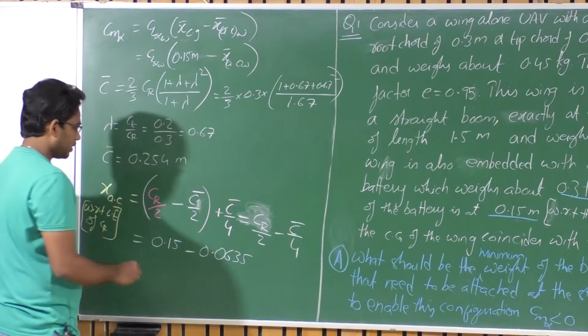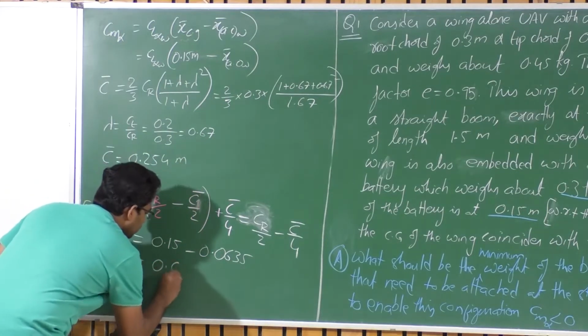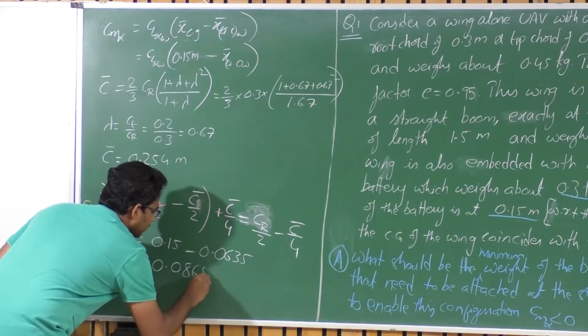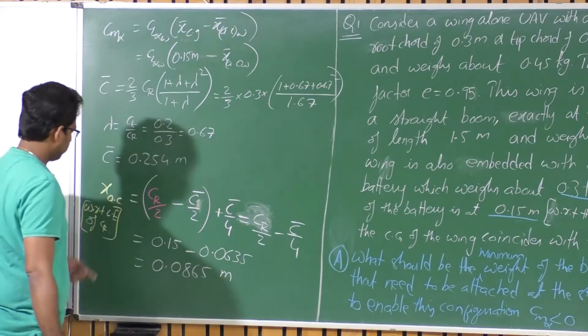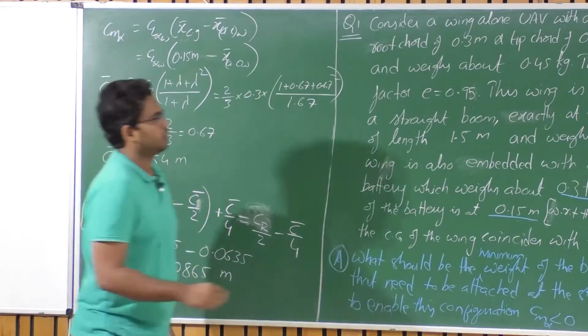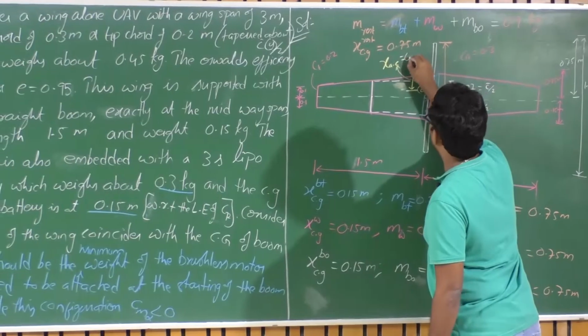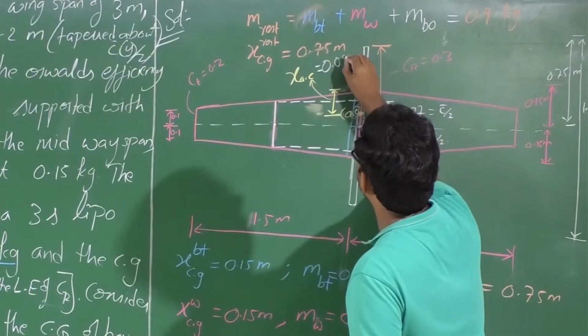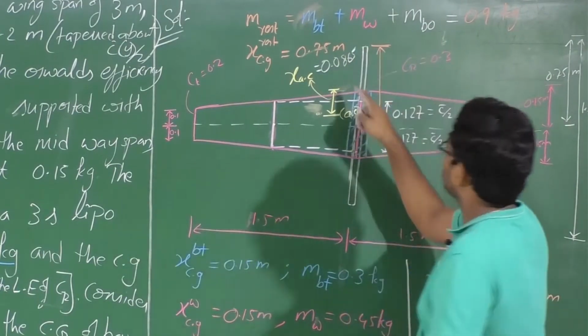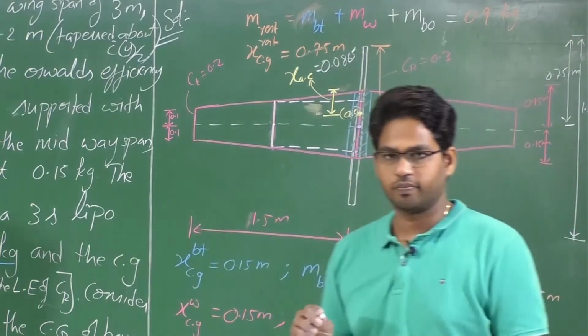So if you subtract this, what I have is 0.0865 meters. So with respect to the leading edge of the root chord, the location is at 0.0865 meters, which is approximately 8.6 centimeters.